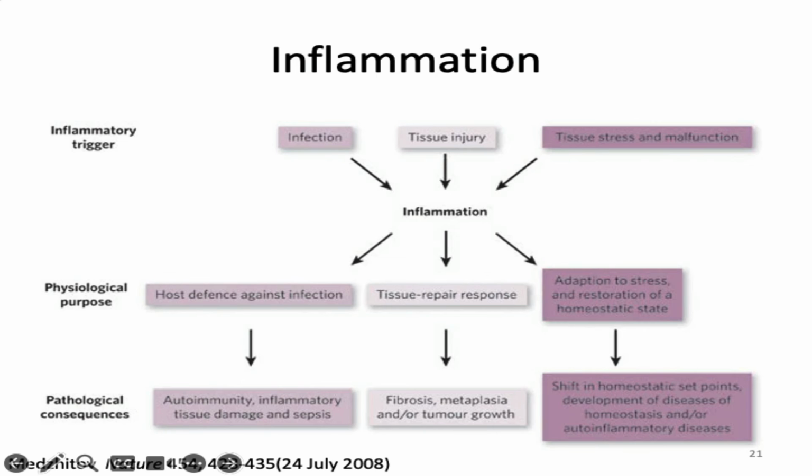And so you can see that if inflammation goes wrong, then we start to get different kinds of autoimmunity or other kinds of disease states. We can sometimes see fibrosis or tumor growth, and we can see a number of other diseases. So there are a lot of diseases that are related to too much inflammation.